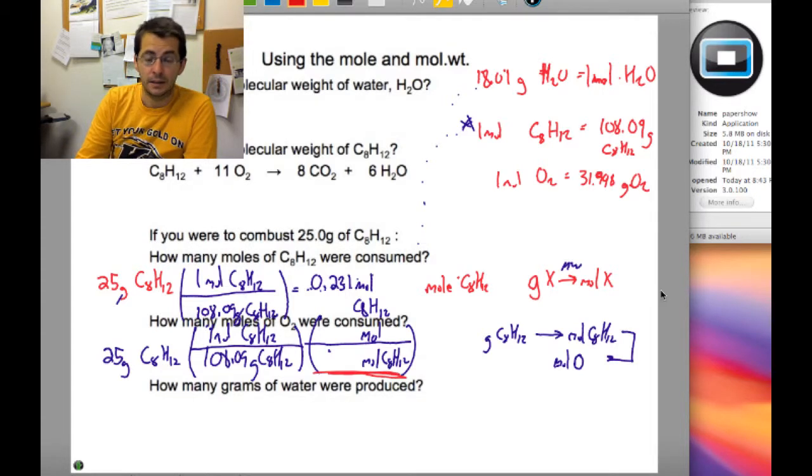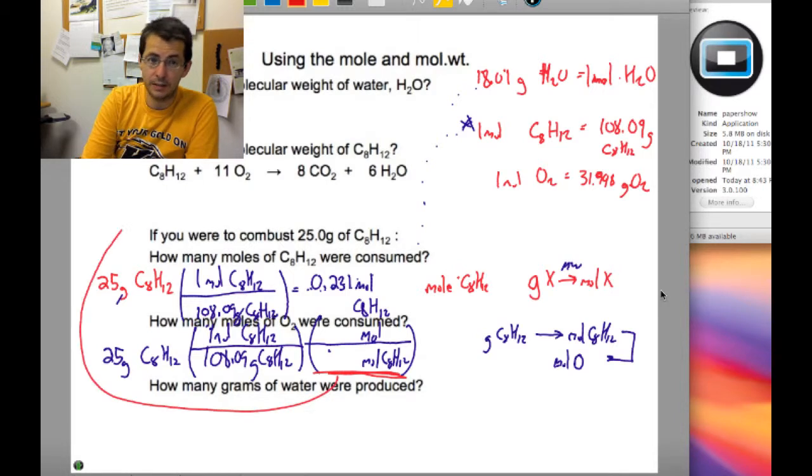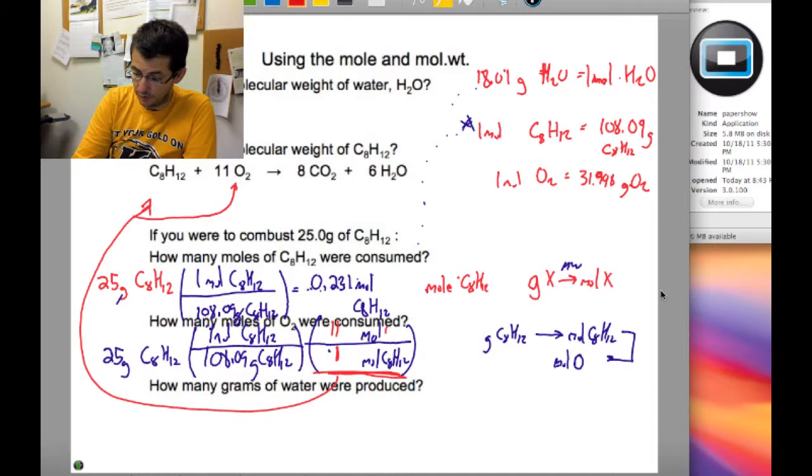This comes from our balanced chemical equation, which says that for every 1 mole of C8H12, that is equivalent to 11 moles of oxygen. This gives us an answer in moles of oxygen, which just happens to be what we're looking for.